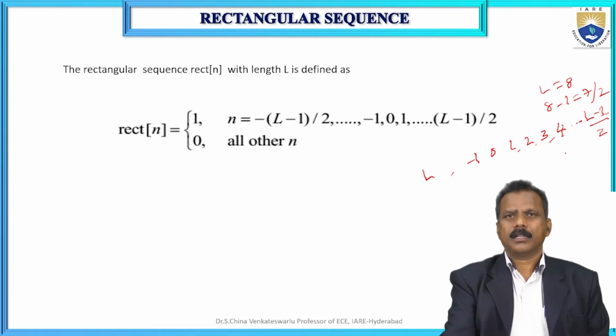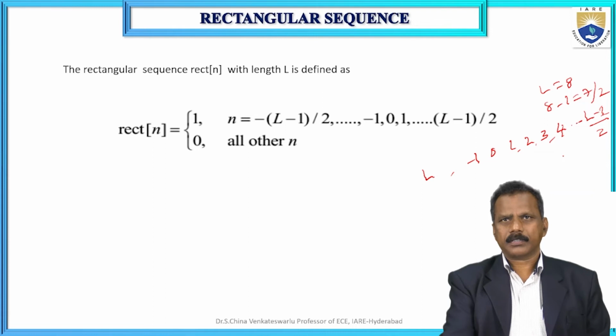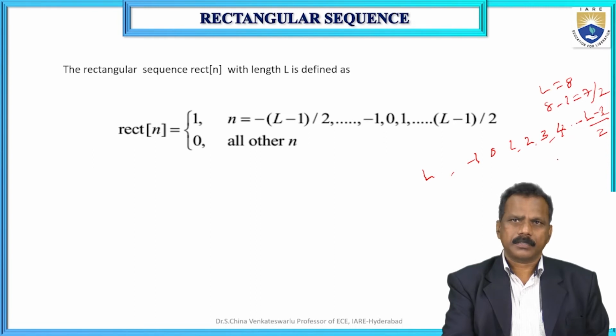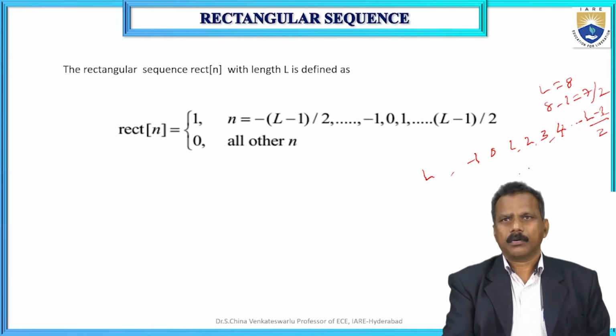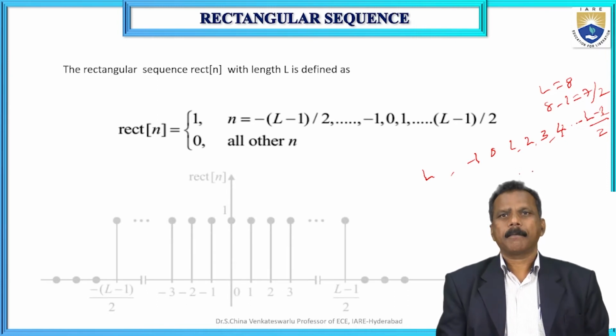Like this, the rectangular sequence with length L is defined as 1 for n in this range, and 0 for all other n values.